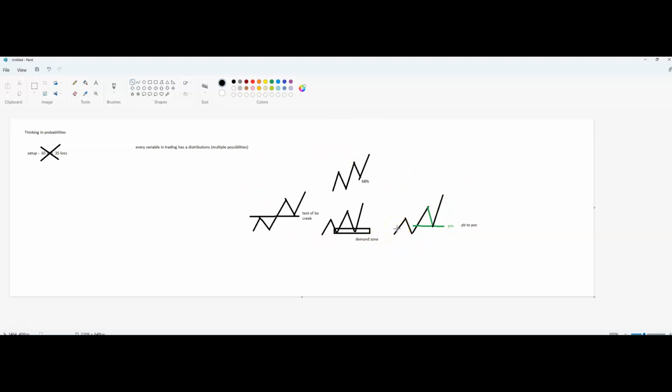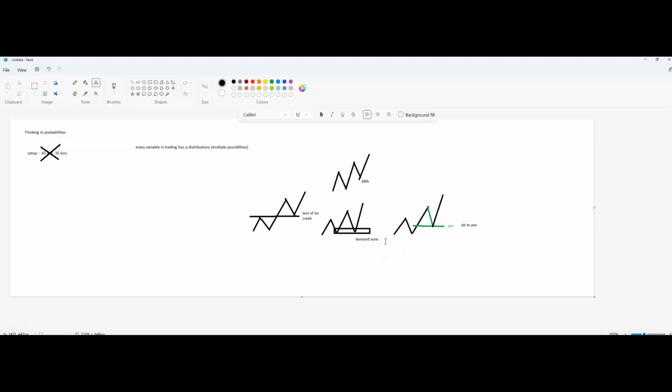So already, when it comes to entry, there is variability. Four major approaches, okay? And that's considering it works, we don't know yet. It's just four approaches to entry.